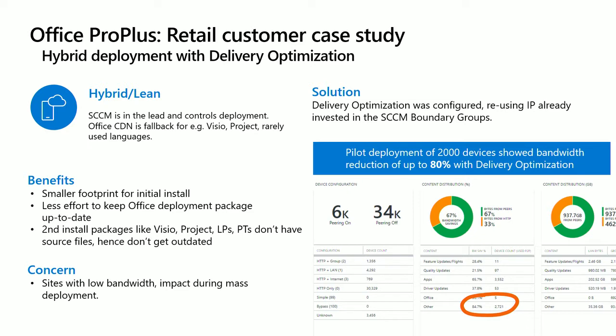And what they were able to see in a pilot of 2,000 machines, 85% of the data was coming from peers. So that's a way to gradually start moving over, testing things, and when you gain confidence, you can start moving more workloads to attach those workloads to the cloud.